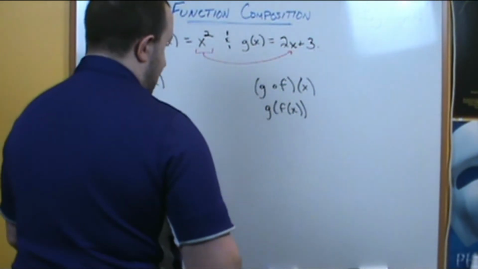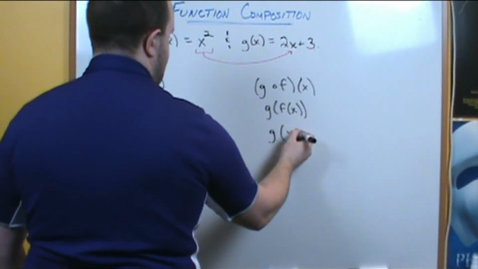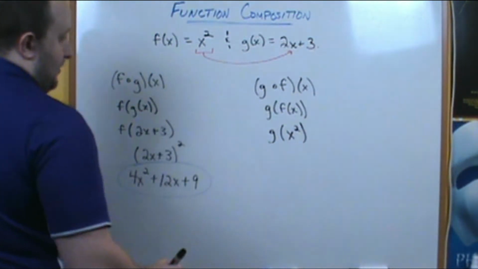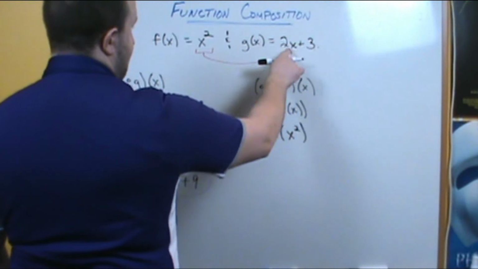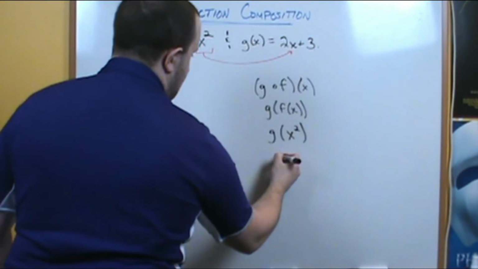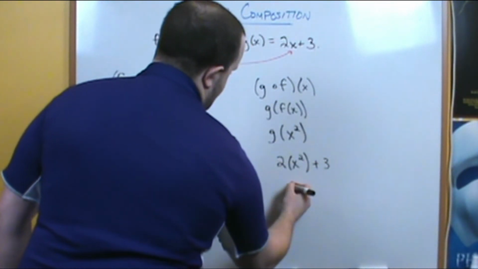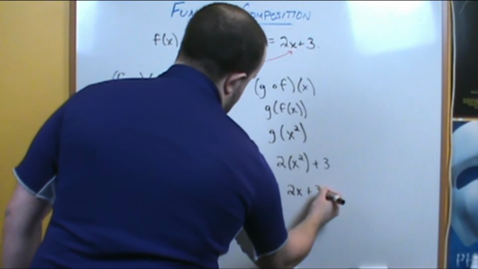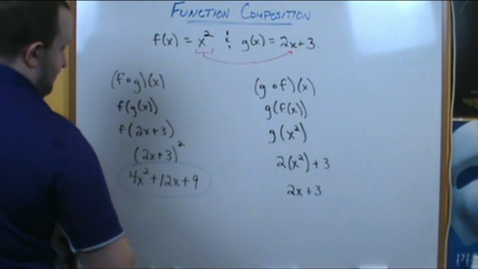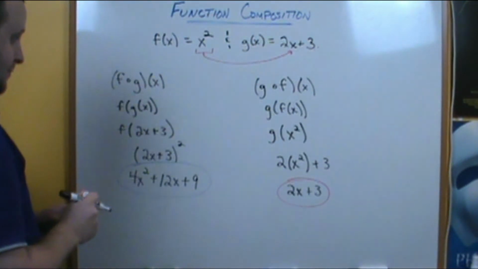So we're evaluating the function g at x squared. We get 2 times x squared plus 3, which is 2x squared plus 3. And that's your answer right there.